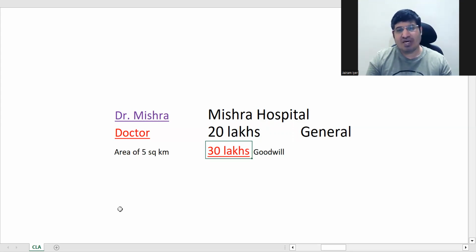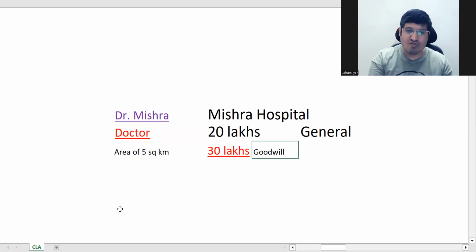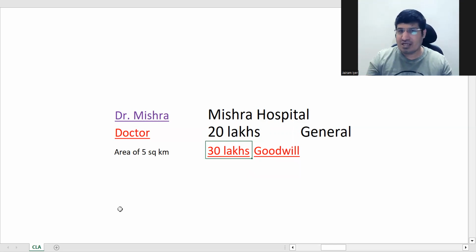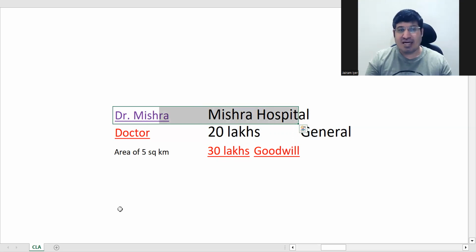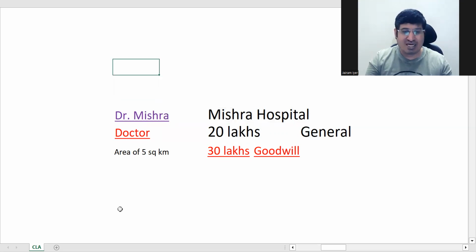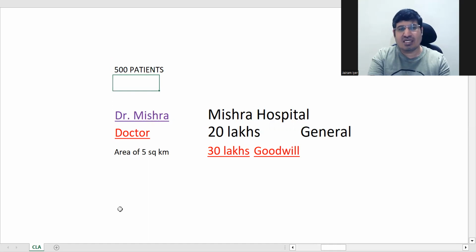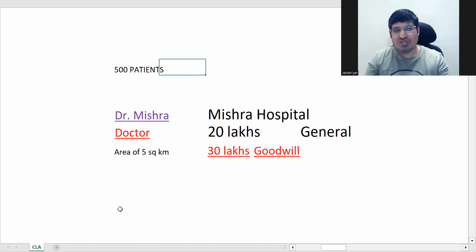Okay, he's paying 30 lakhs for goodwill. Right. So why 30 lakhs? Goodwill, you all know, commercially, is because of the name of this person, Dr. Mishra. And there are so many people who come to his clinic. Let's say weekly, he has a practice of 500 patients. So now these patients will come to this new doctor, right?